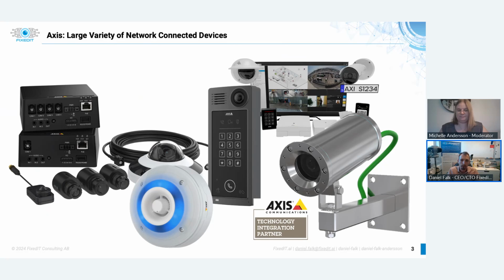So we were talking with one customer a while back, and before we introduced ACAPs to them, they had been using a Raspberry Pi, which is a tiny one-chip computer that they put out on the site to get some extra compute.